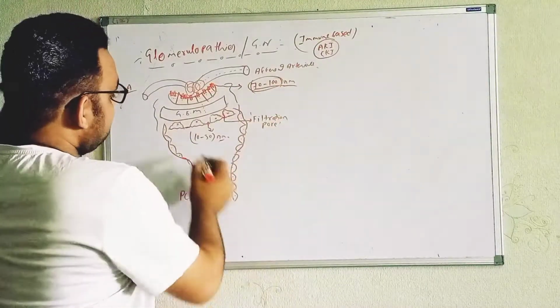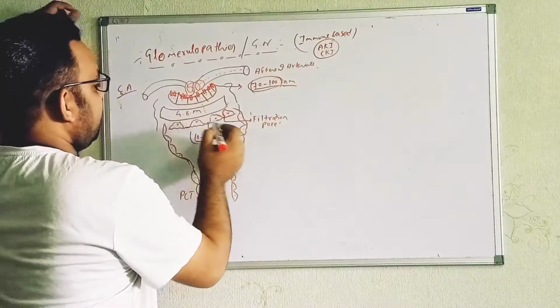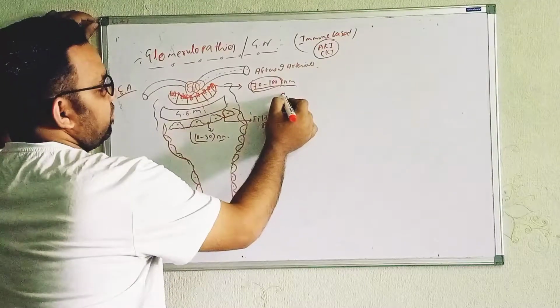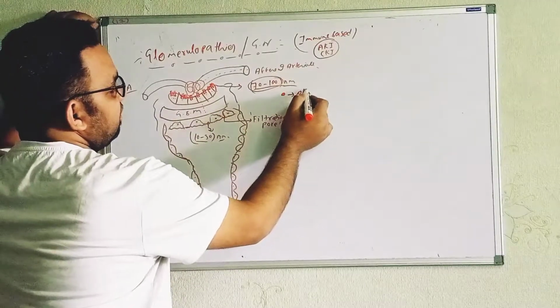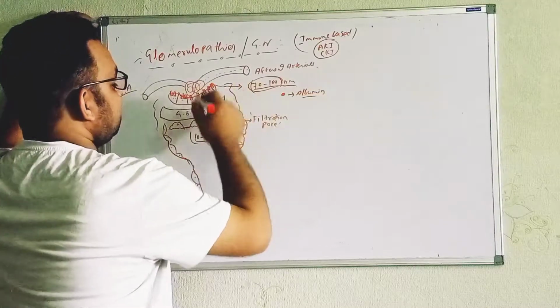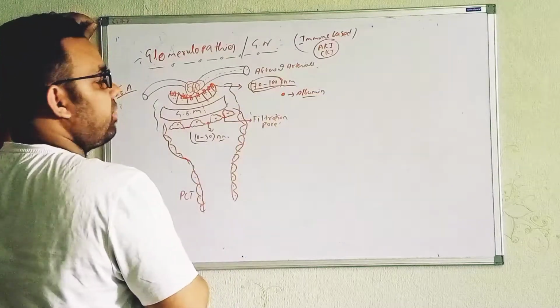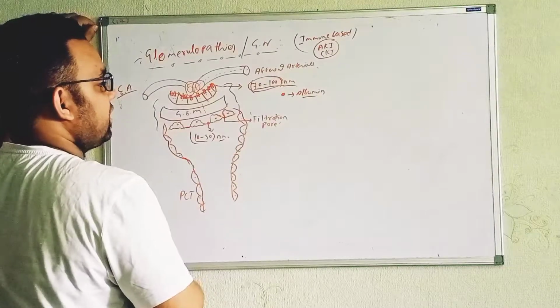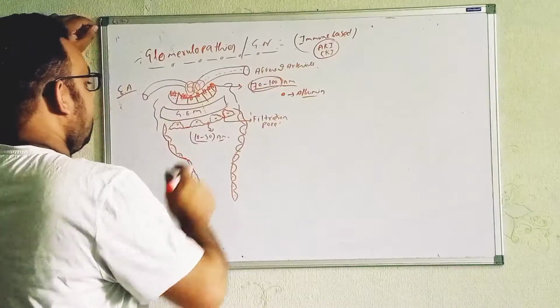This pore is small enough that a small protein molecule, that is albumin, is also able to pass through these regions. But why it will not pass in the normal physiological circumstances, you need to know here. What's the reason for it?